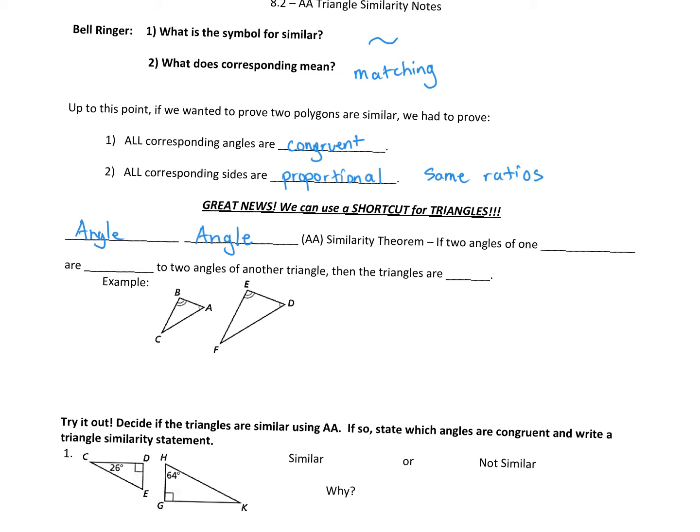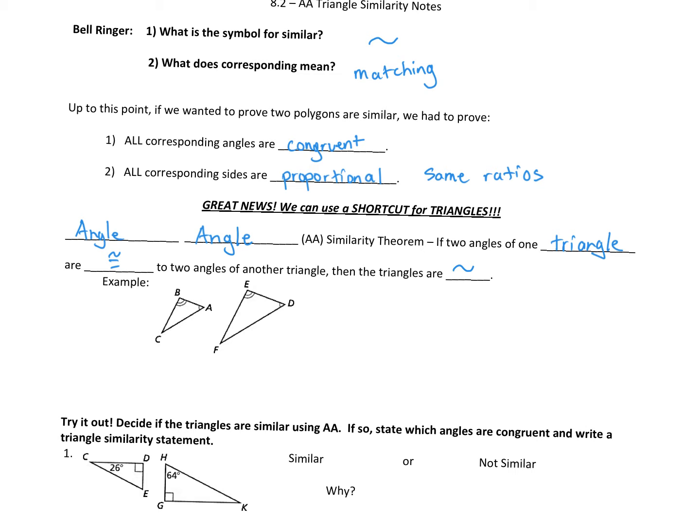And that is when it says two angles of one triangle are congruent to two angles of another triangle, then the triangles have to be similar. So basically, we don't have to prove all of the angles are congruent.